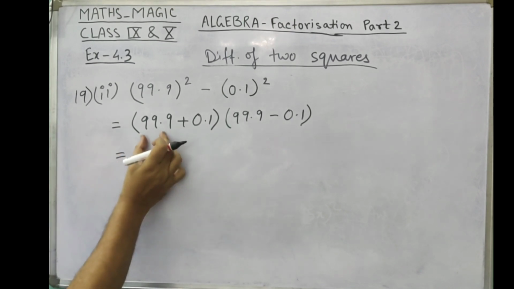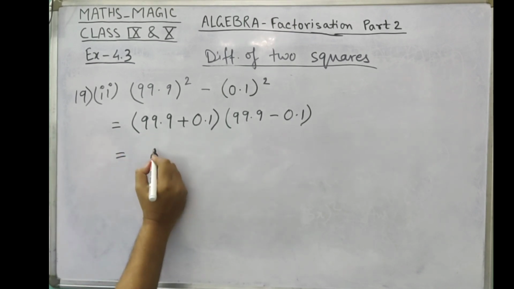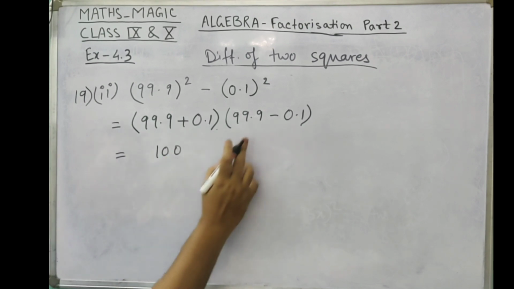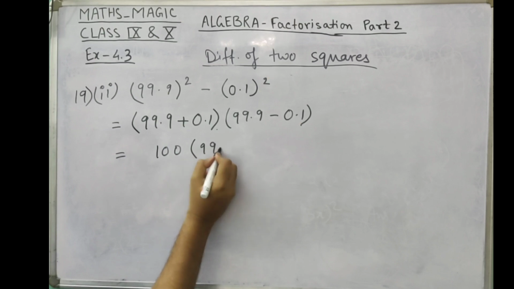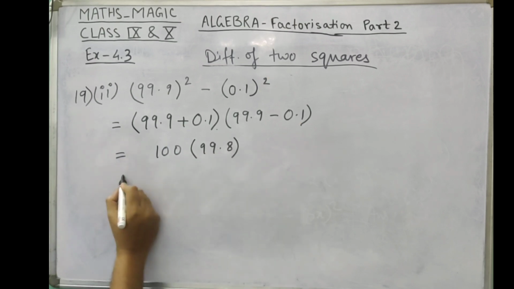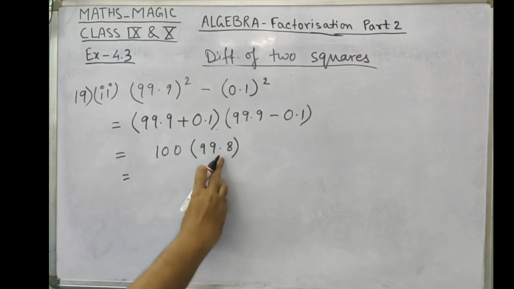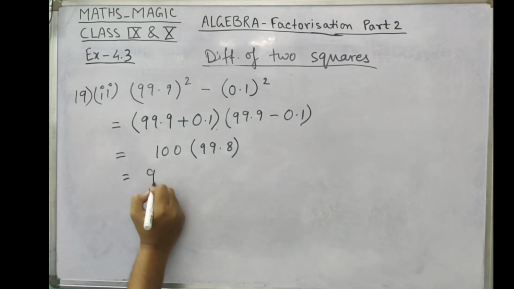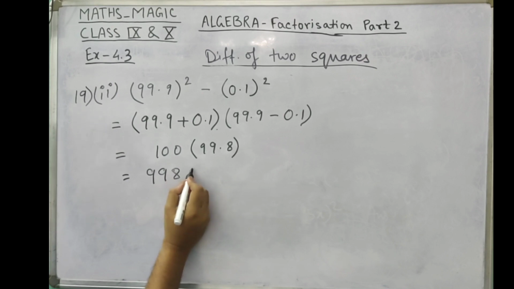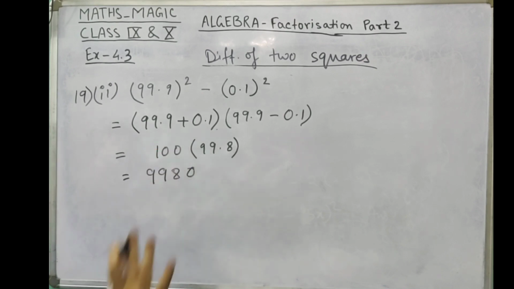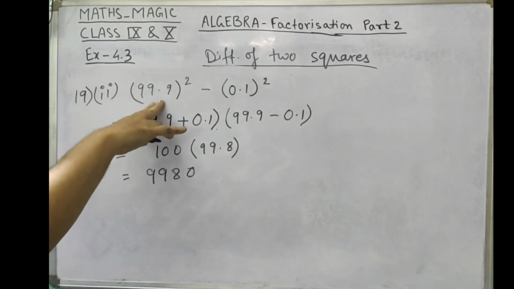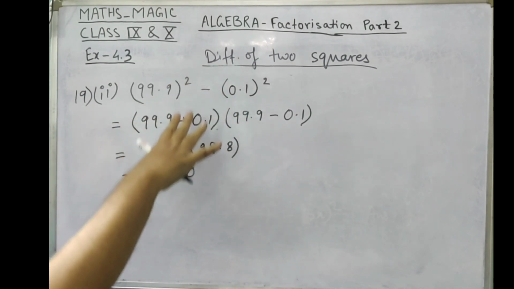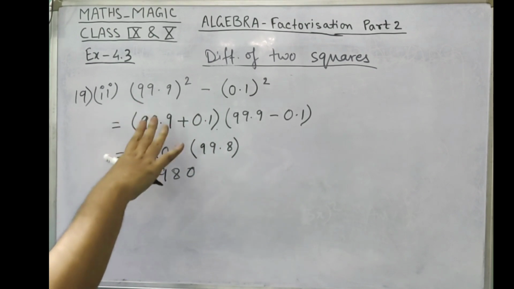So when we add 99.9 plus 0.1, we get 100. And this one, 99.8. So this into this, the decimal point travels to the right side if you multiply. So my answer will be 9980. Instead of taking out the square of this, taking out the square of this, and then doing the subtraction, you can solve the sum like this.